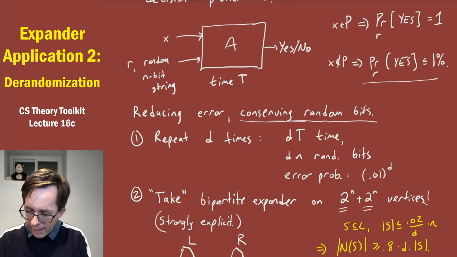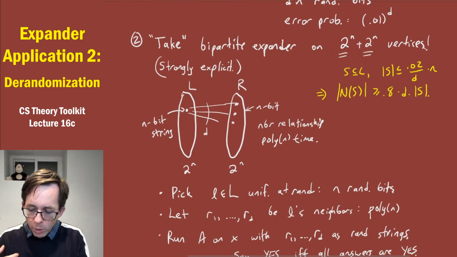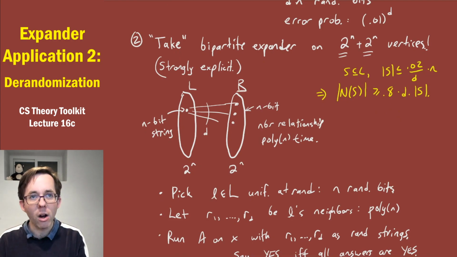And so we're going to be feeding in for our random strings vertices from this set R. These are named after n-bit strings.